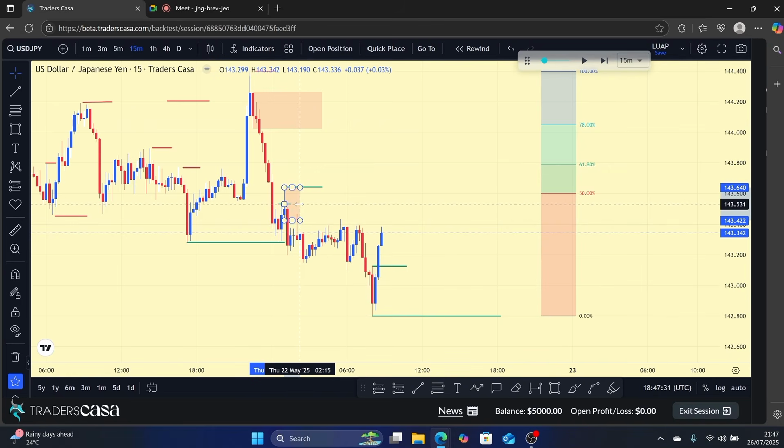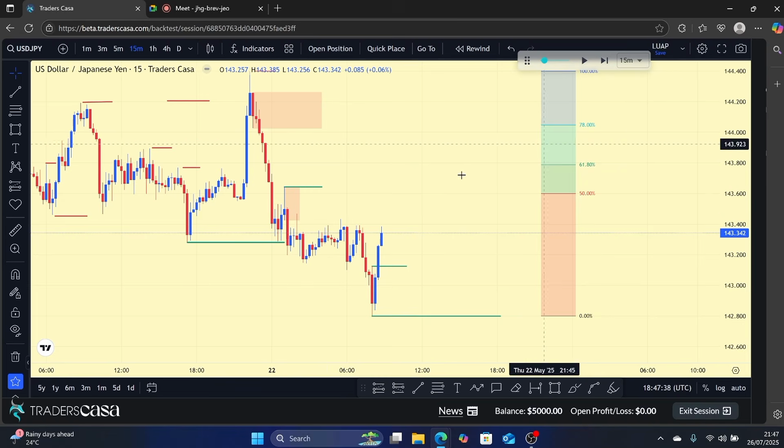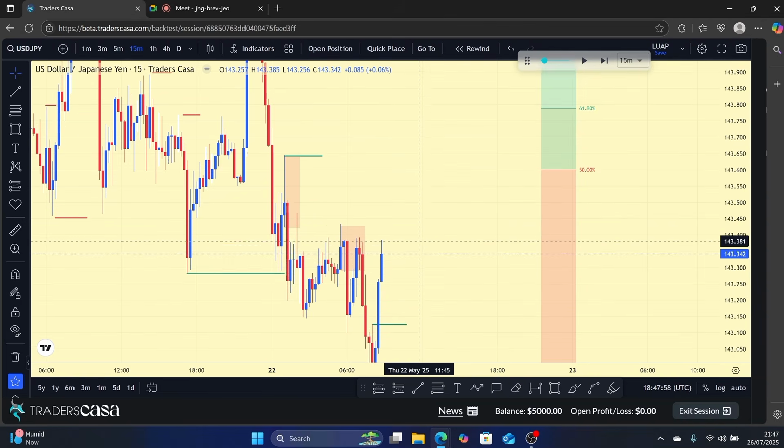So this means that this order block is not valid. So I go further and further, and right now I can clearly see this other order block here, and this order block is also mitigated exactly right here.